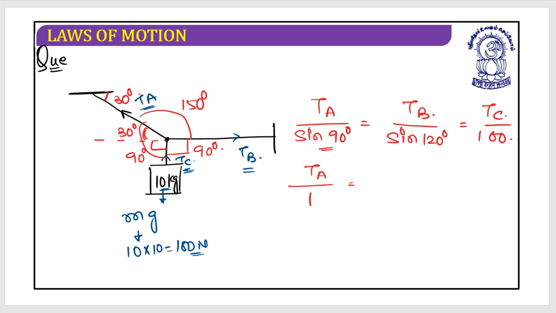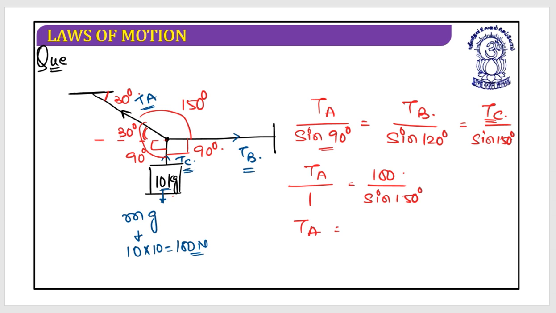Let's compare this with TC. Here I made a mistake: it is TC divided by sine of 150 degree. So TC would be 100 Newton, this is 100 divided by sine of 150 degree.